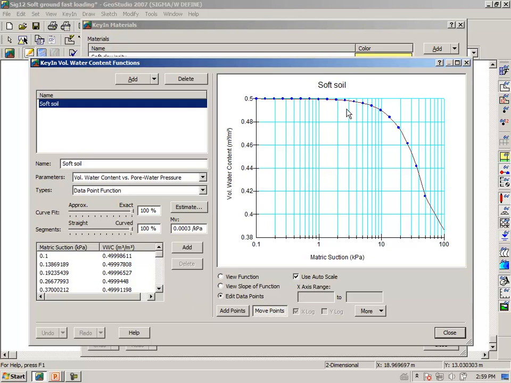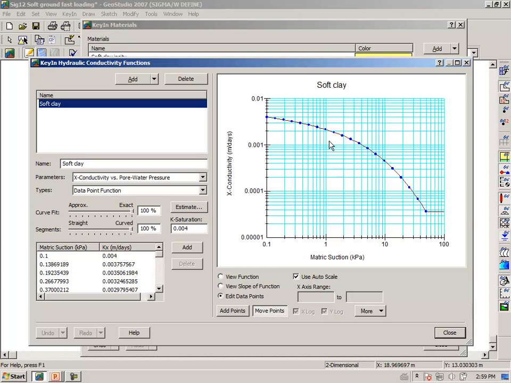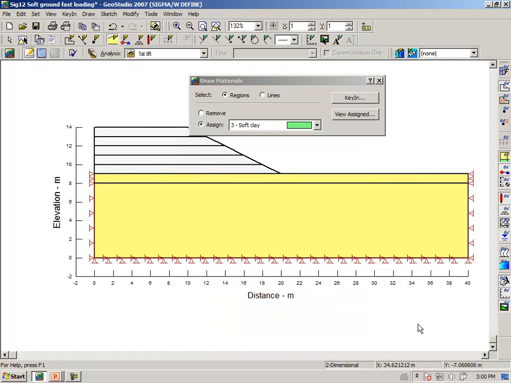I won't dwell on this except to note that we need a volumetric water content function. We need a hydraulic conductivity function. And those are all the properties for the soft clay. So we can assign the soft clay to this region here.